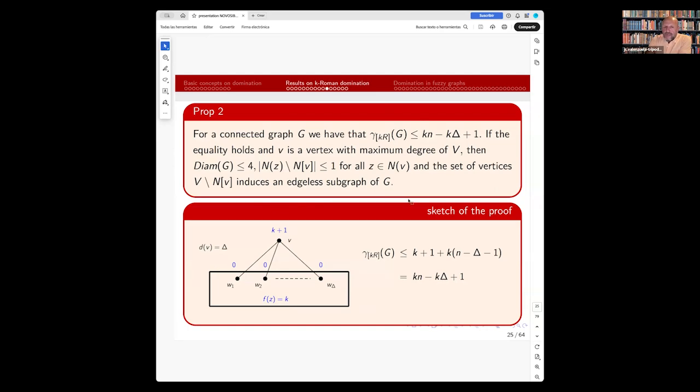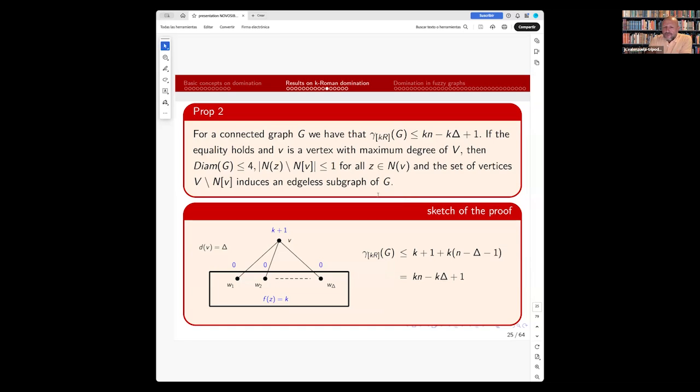In this case, we have proved that for a connected graph, we can upper bound the parameter by this expression. This result was also proved independently by other authors, Halali and all. But now in this paper, we add some information about the extremal graphs achieving the bound.